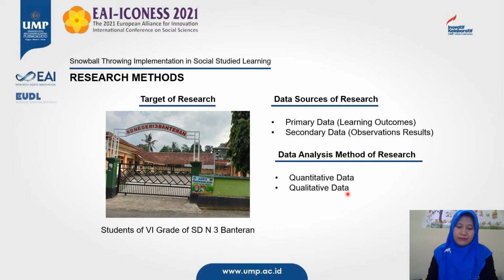The criterion for success in this study is if the students who score according to the KKM, more than or equal to 70, reach 85% of the class, approximately 35 students.